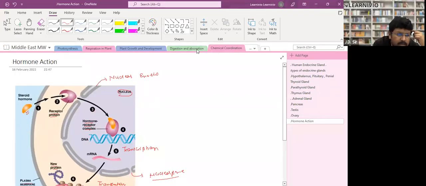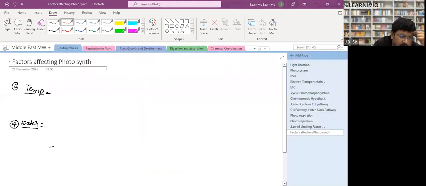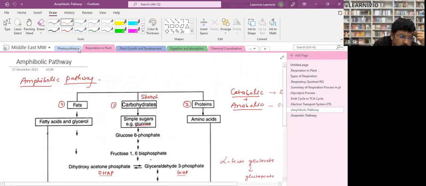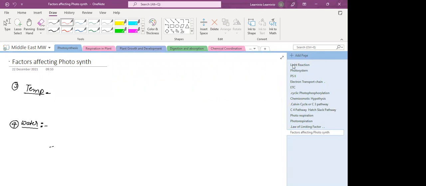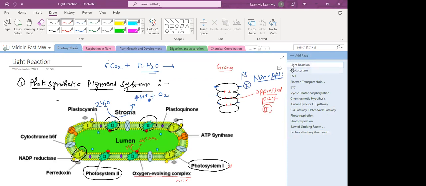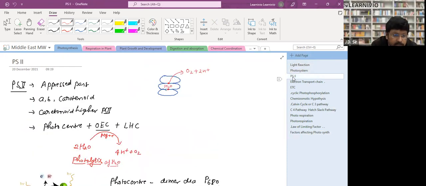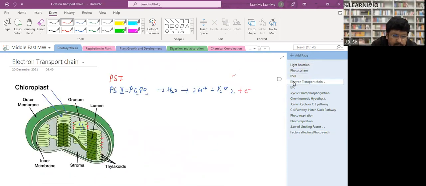Look, this is the photosynthesis chapter I did in your class, and respiration too. You have to communicate with Niskarthi. Most probably these notes in the form of a notebook must be with him.